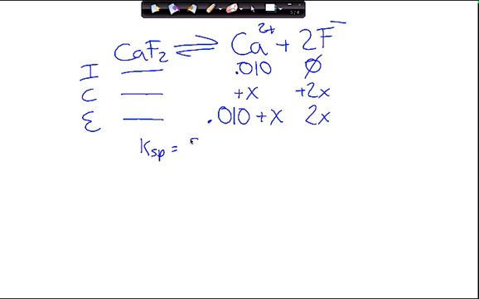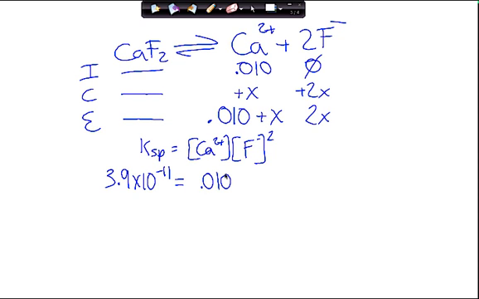Ksp is equal to calcium 2 plus times fluoride squared, and these make me so nervous. What was that number? 3.9 times 10 to the negative 11th is equal to 0.010 plus X times 2X, the quantity squared.